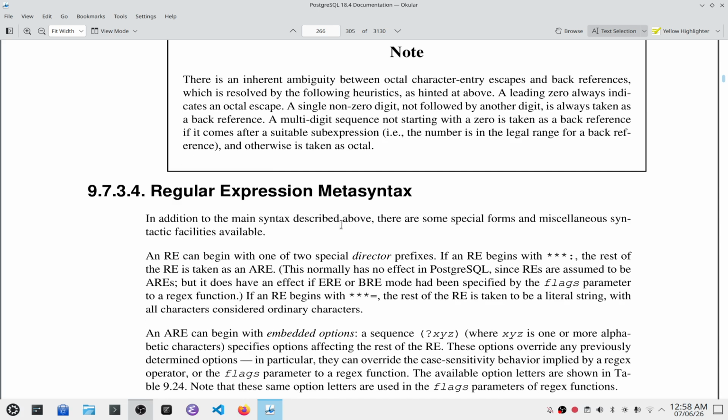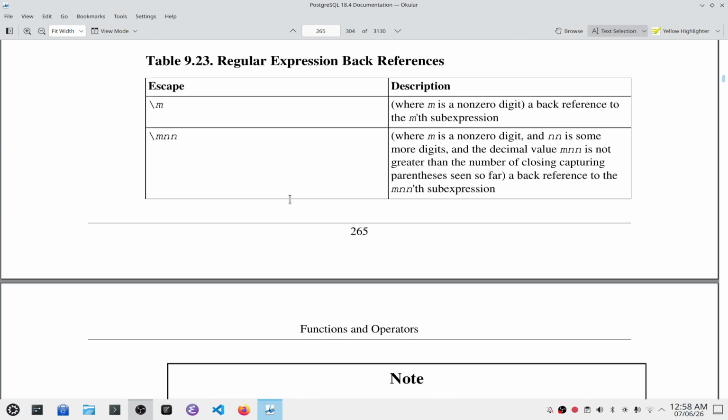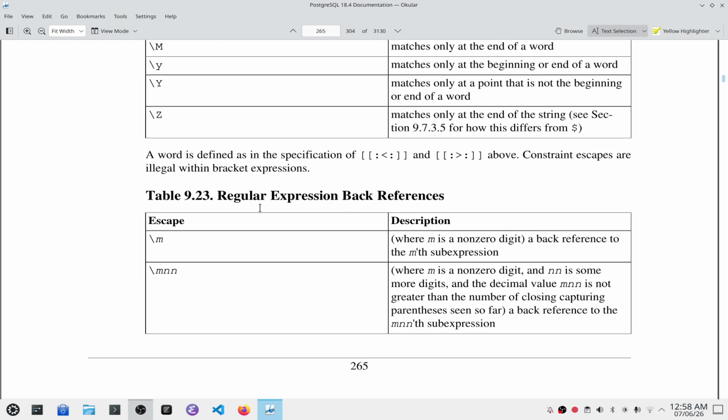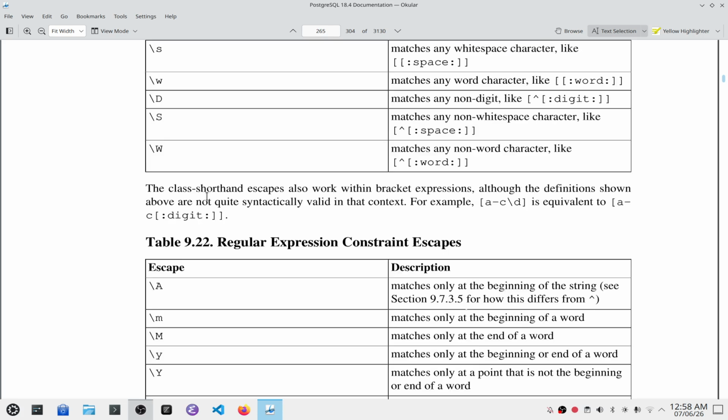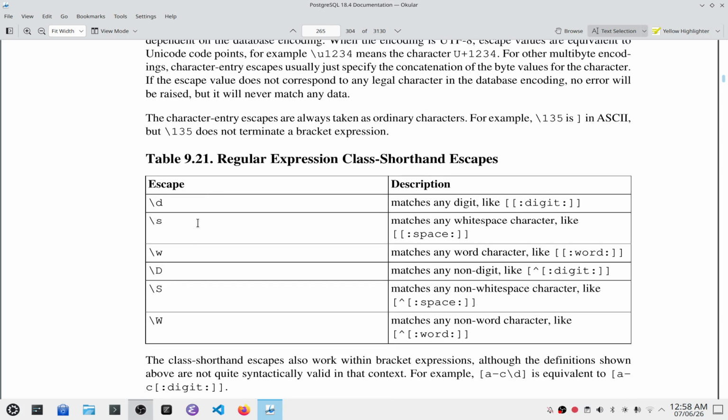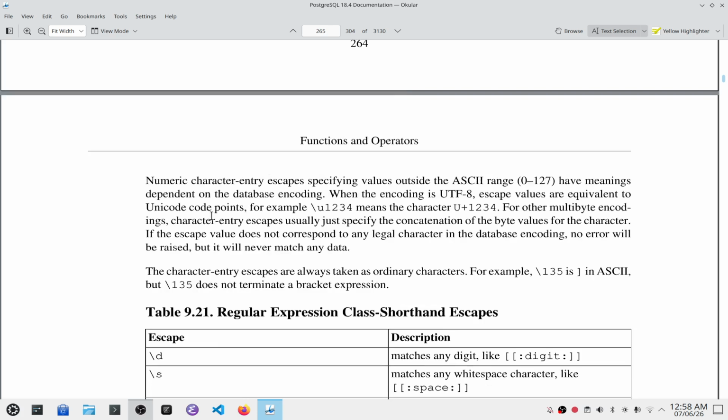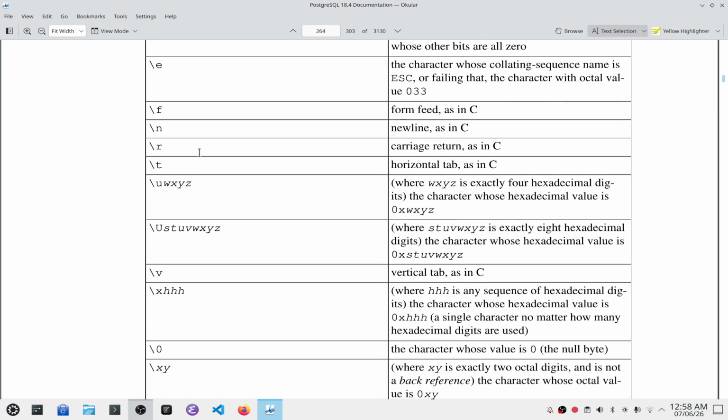So we will stop here, and in the next video we'll continue with regular expression metasyntax. I know that I have not shown any example in this video because most of it we had already studied in the first two videos. Some of it is new information, but mostly we have studied all the shorthand types and character classes.